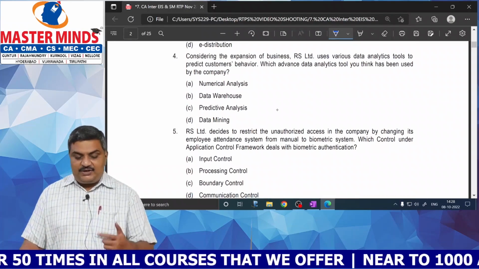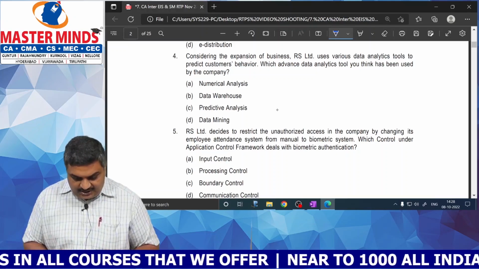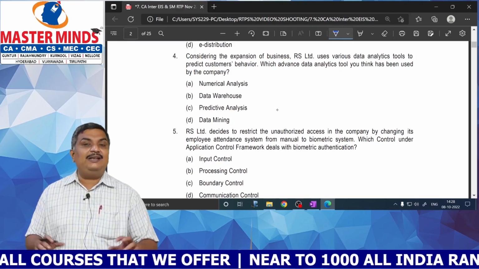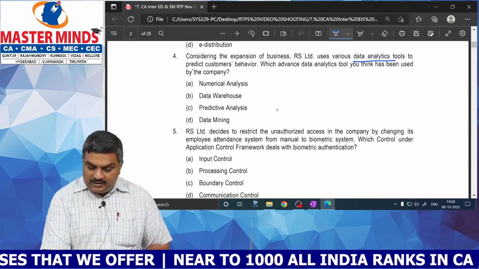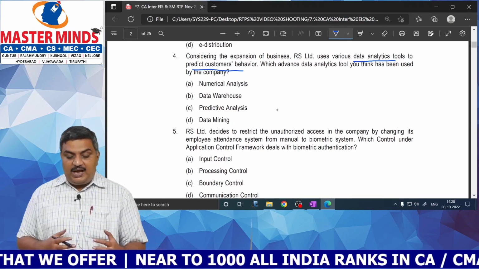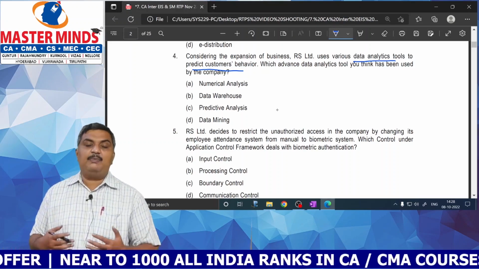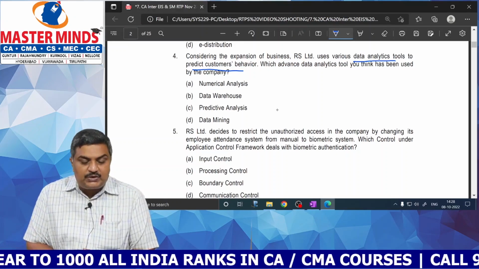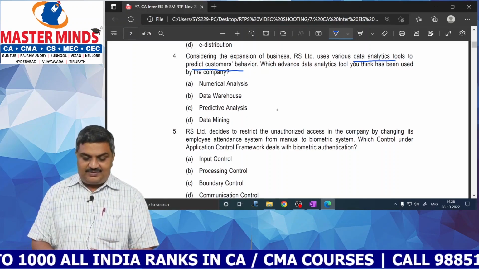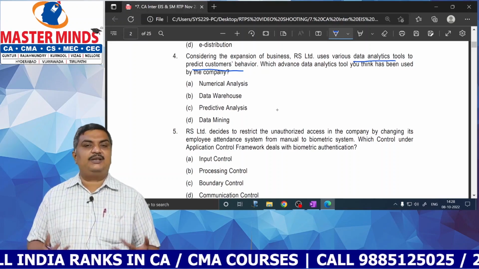Now, the next MCQ. Considering the expansion of business of RS Limited, it uses various data analytics tools to predict the consumer behavior. Yes, that is fine. Which advanced data analytics tool you think has been used by the company? See, we have a lot of data analytics tools like numerical analysis to understand the numbers, the sales numbers, the purchase numbers and all.